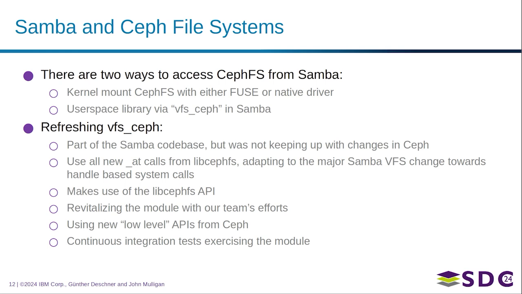There's also a FUSE module, which is not as well maintained, I think, but the kernel CephFS module is very prominently used by many users who set up Ceph and SMB right now. They most of the time use the kernel module. But there's also a user space library, which provides the same POSIX-like interfaces, and which the VFS Ceph module present in Samba has been consuming.